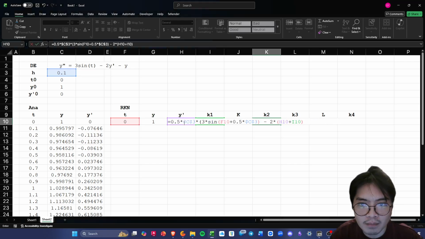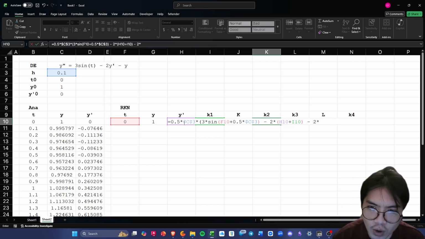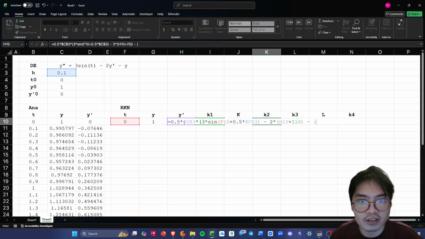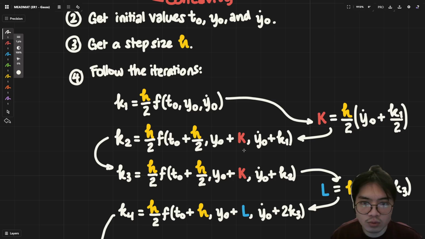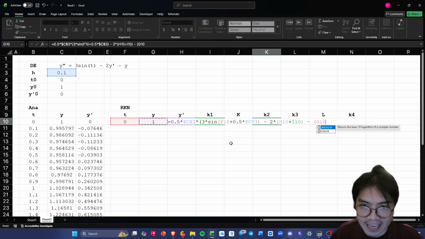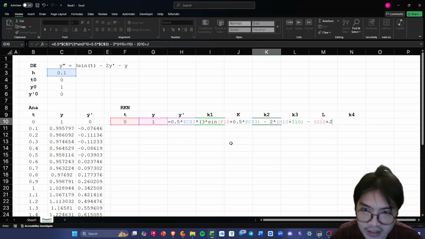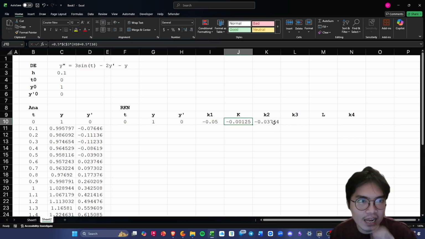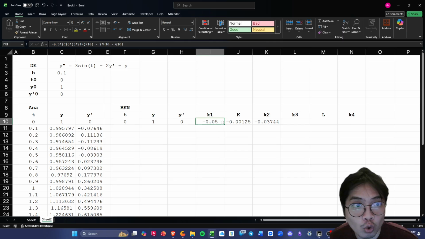And then minus 2 times y. Instead of just using y, you will use y plus k. Your k value is J10. There you go. That's how you're supposed to calculate your K2, right?